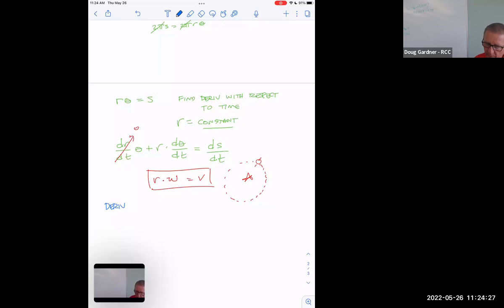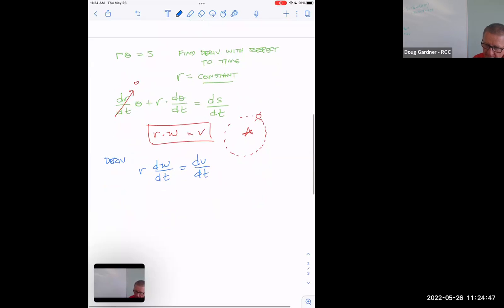Except this time I'll treat r as a constant, which means the constant comes along for the ride, and if omega changes, this would be its derivative, the change of omega over time. The other side would be the change of the velocity over time. But again, don't we have other names for those? Didn't we say the change of angular velocity over time we call alpha, because that's an acceleration? And the change of linear velocity over time, isn't that also acceleration?